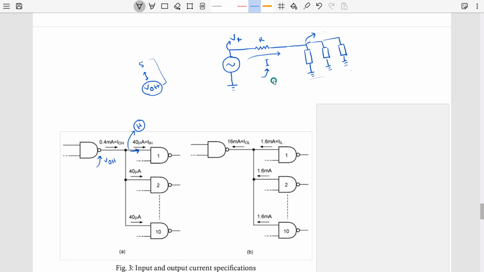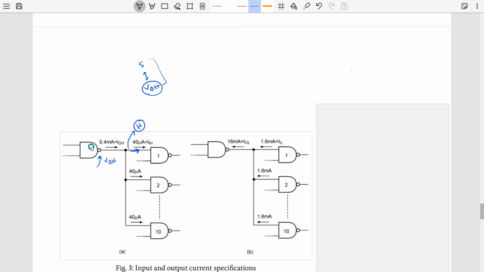This particular phenomenon is called the loading effect, right? The same concept can be applied to logic gates. The whole logic gate is built using different circuits. There can be resistors, capacitors, and many such things.